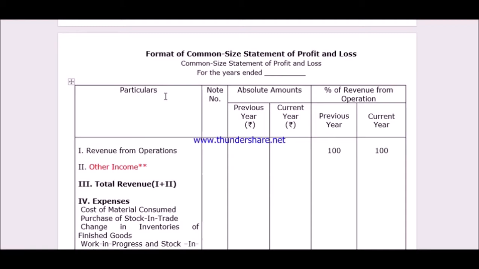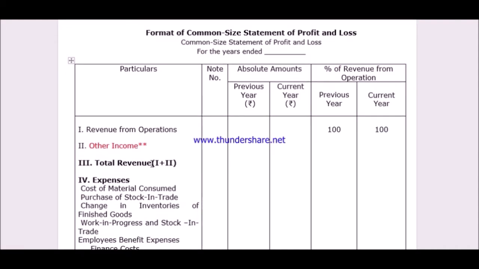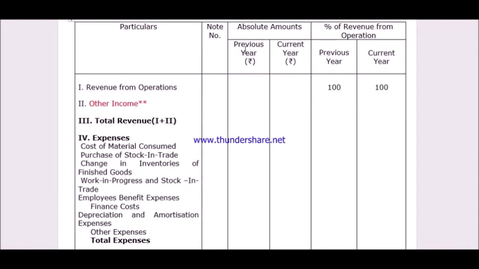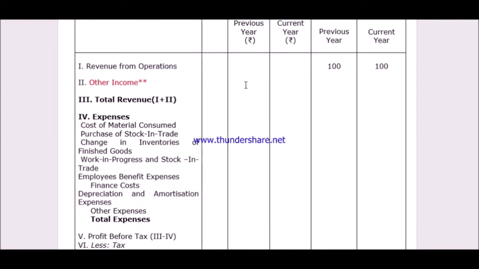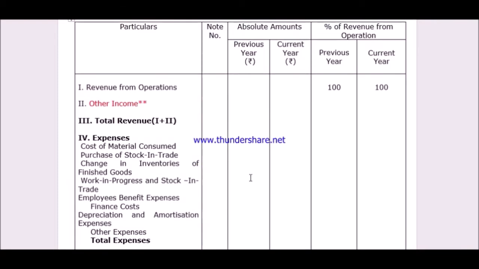Now there are several columns: first, second, third, fourth, fifth and sixth. The first two columns you already know. Next, absolute amounts. Here you don't have to calculate or do anything. Just write down those figures from the question, for the previous year and the current year.